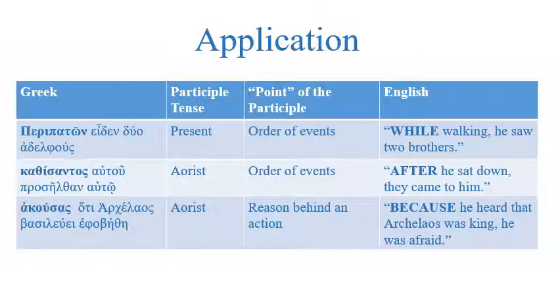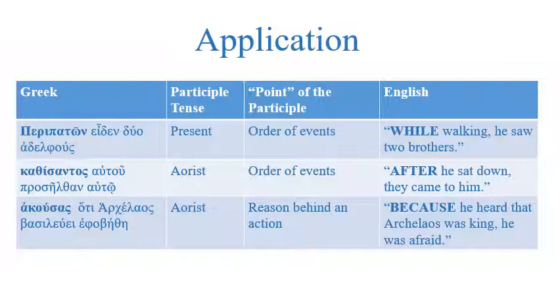Let's take a look at a few examples of applying the circumstantial participle. In the first one, from the calling of the disciples in Mark, peripaton edein duo adelphus, peripaton is our present participle. And the point of it here is to give the order of events. It tells us that at the same time as Jesus was peripaton, that is walking, he saw edein, two brothers.